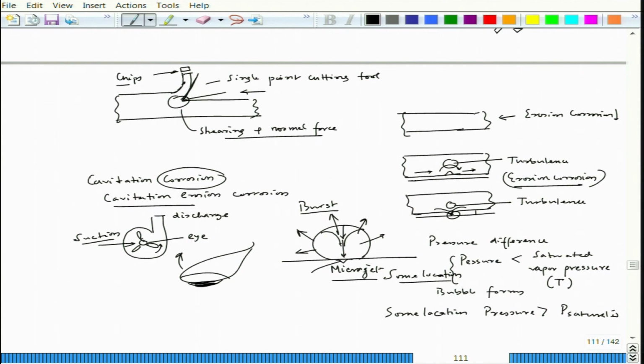So, this part is deformed because the microjet forms, and the stress it exerts could go up to even around 500 megapascal. So, this is the amount of pressure exerted by that microjet because of the collapsing or bursting of bubbles, and that leads to a deformed portion.